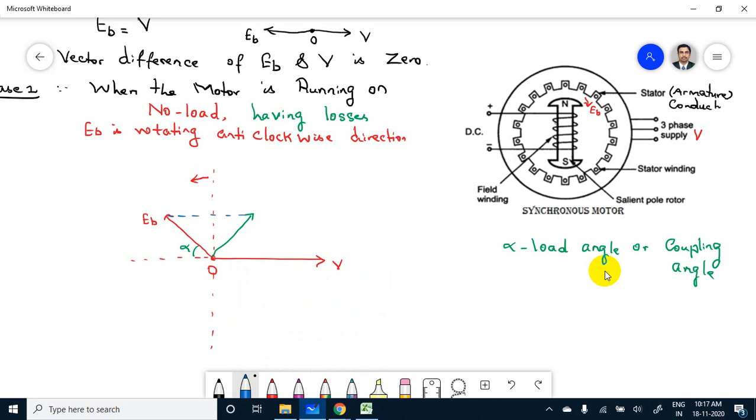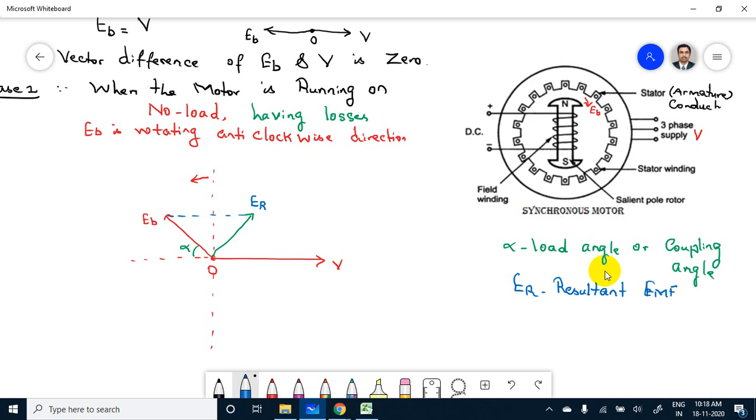This point will be the resultant EMF. ER stands for resultant, resultant means total back EMF, total EMF, or we can say resultant voltage also.